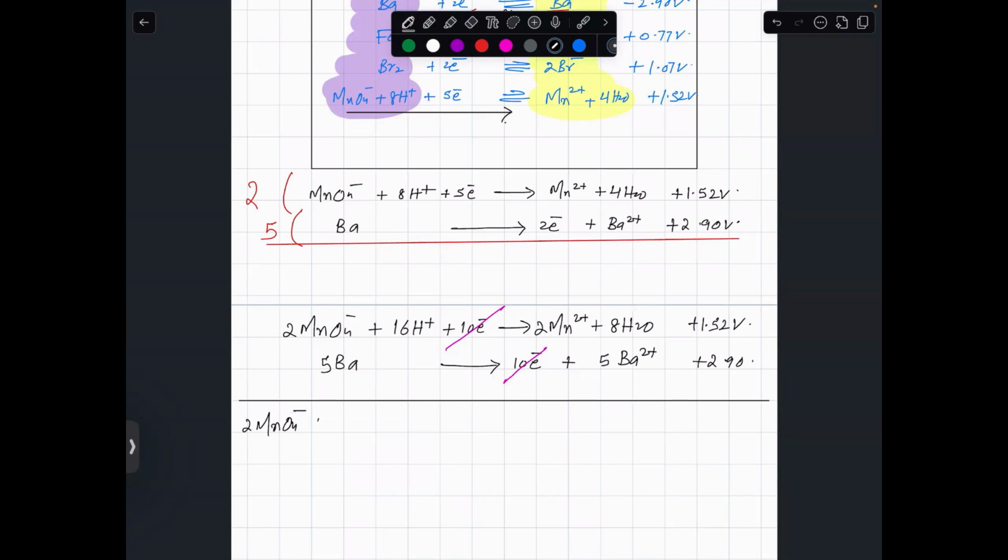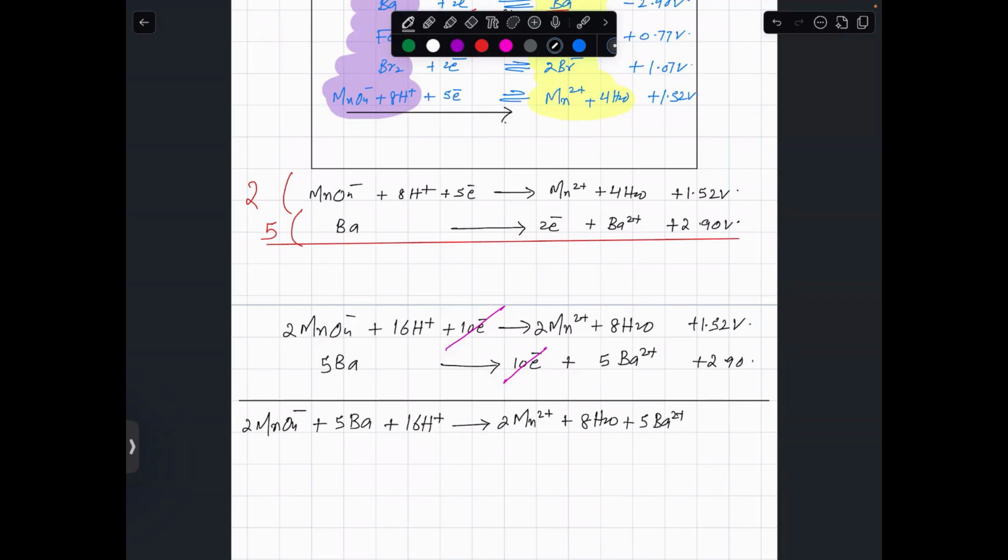So, what is your overall equation? 2MnO4, 5 barium, 16H plus, making 2Mn2 plus, 8 water, and 5 barium 2 plus.